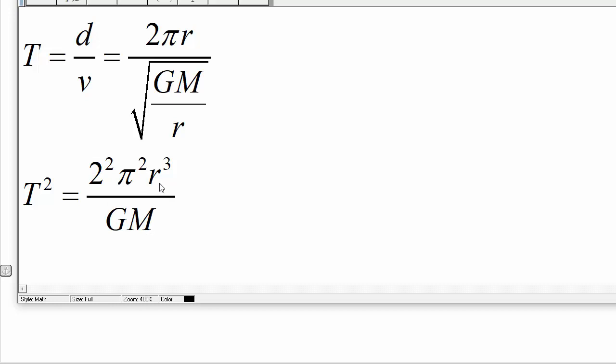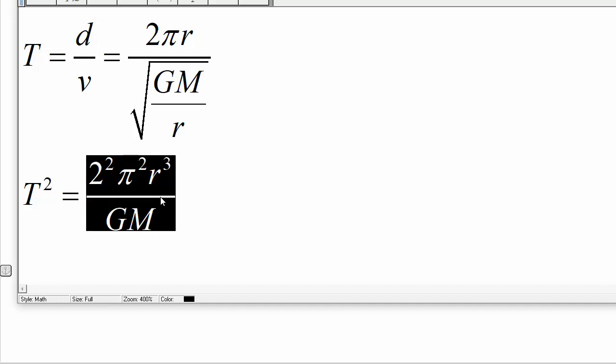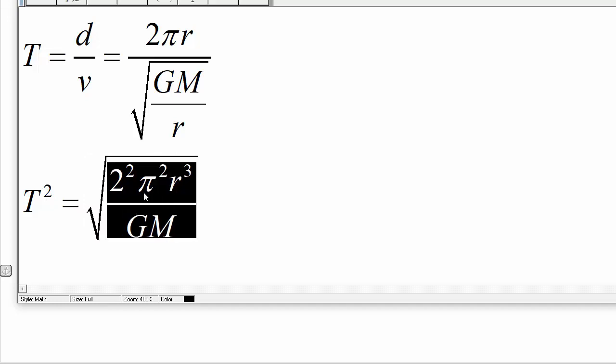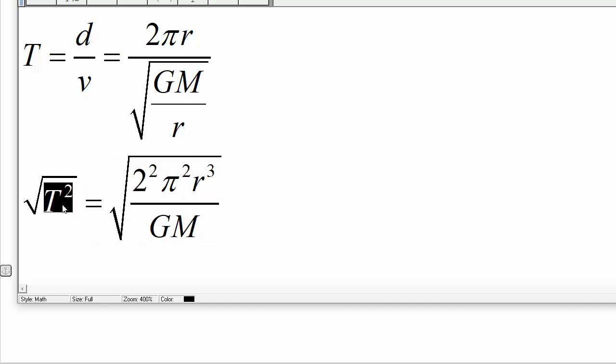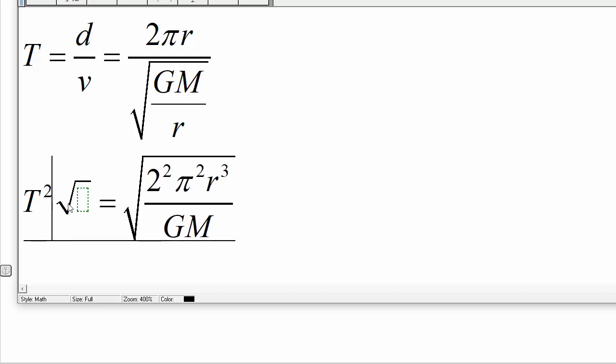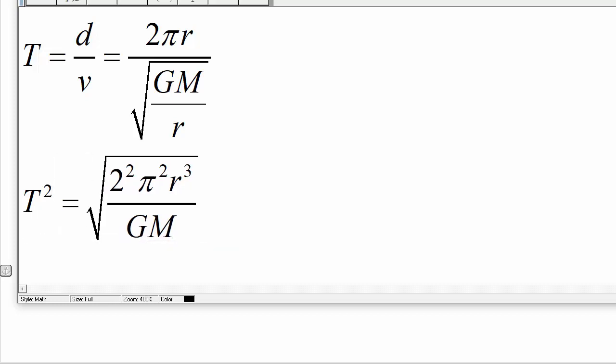2 squared pi squared r cubed over GM. This is equal to T squared. Well, I'd like to get rid of the squared now. So I'm going to square root and square root, and the square root of T squared is simply T. So T equals the square root of 2 squared pi squared r cubed over GM.